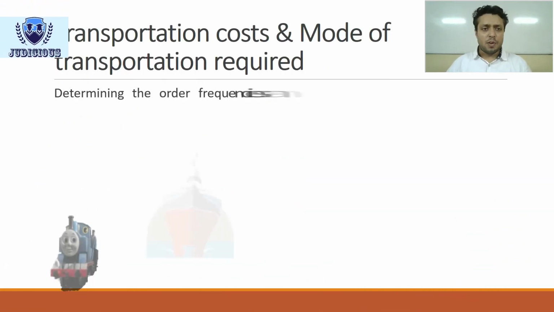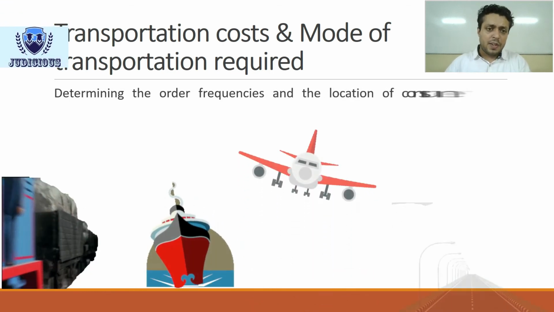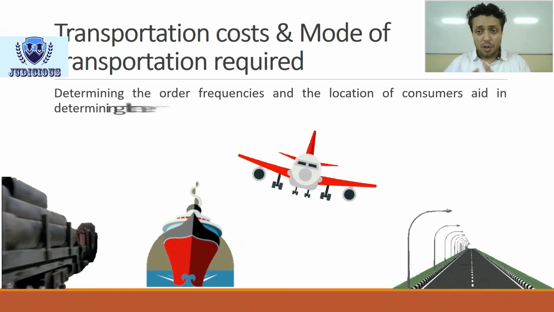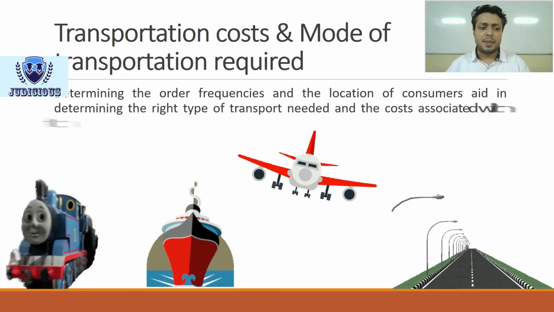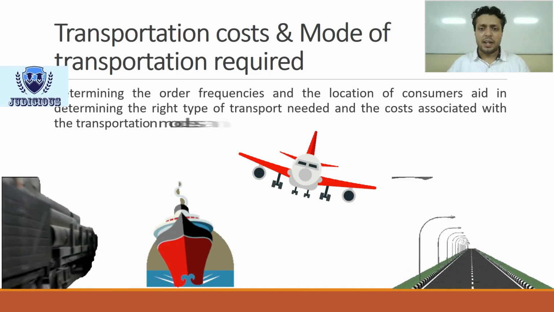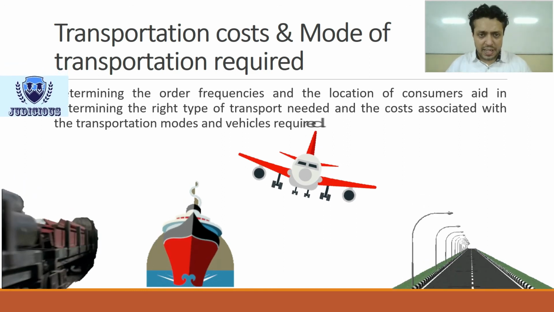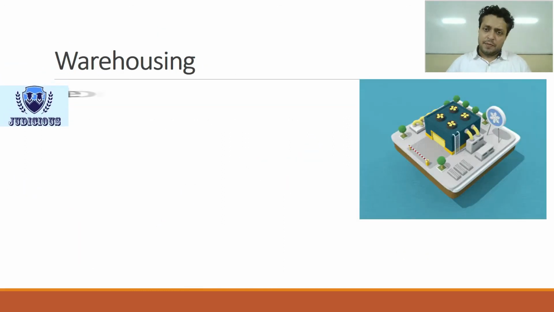Transportation costs and mode of transportation required. Once we have determined the order frequency and the location of consumers and how much quantity they are ordering, that will help us in determining the right type of transport required, the cost associated with each, and the vehicles required. Warehousing.